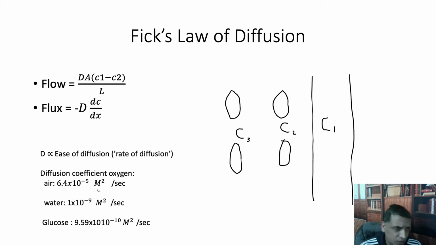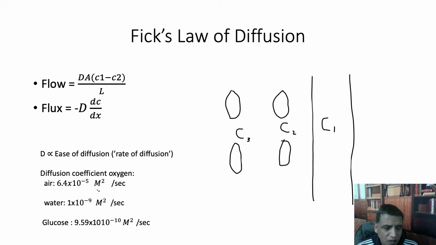Fick's law of diffusion relates to diffusion of molecules through different mediums, i.e. air, water, and tissues. So Fick's law says that flow of a given substance is equal to the diffusion coefficient multiplied by the area over which the flow occurs, multiplied by the change in concentration, divided by the length.